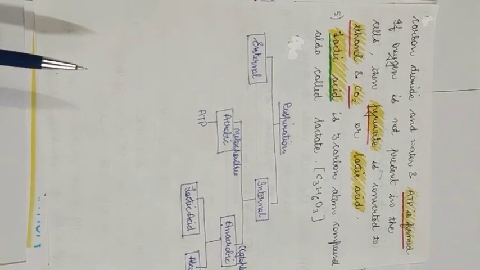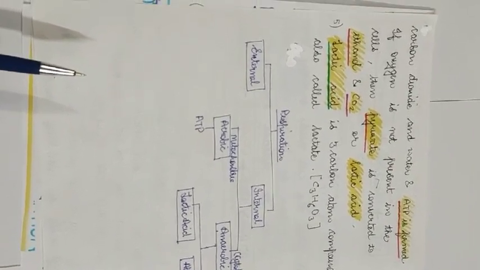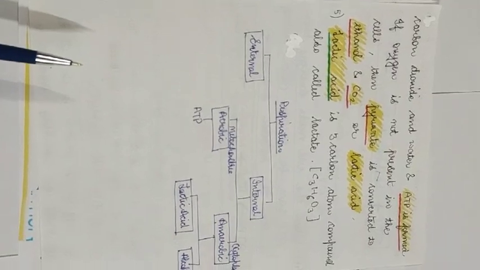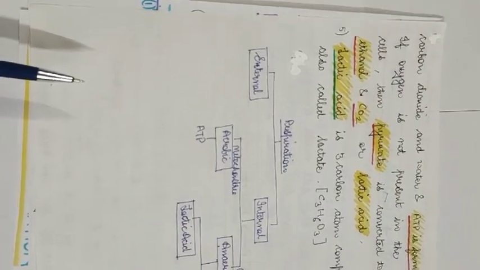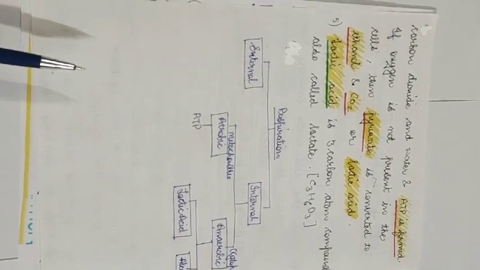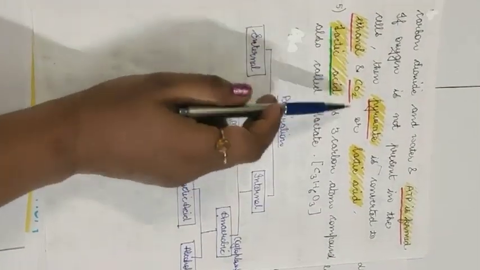If oxygen is not present in the cell, then pyruvate is converted into ethanol and CO2, or into lactic acid. So these two things we'll be learning.